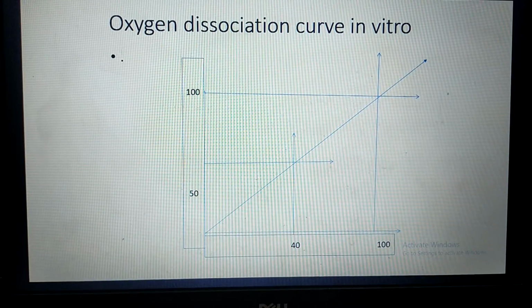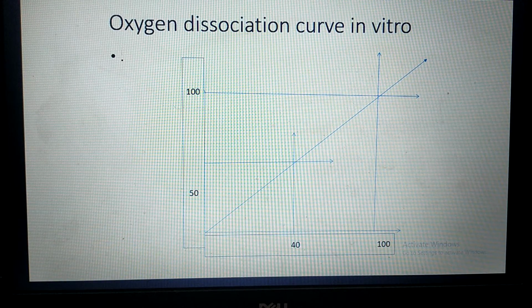If you plot a graph, on the x-axis we take the partial pressure of oxygen, and on the y-axis we take hemoglobin saturation of oxygen. This graph is called the oxygen dissociation curve, which shows how oxygen is separated from hemoglobin at the tissue.